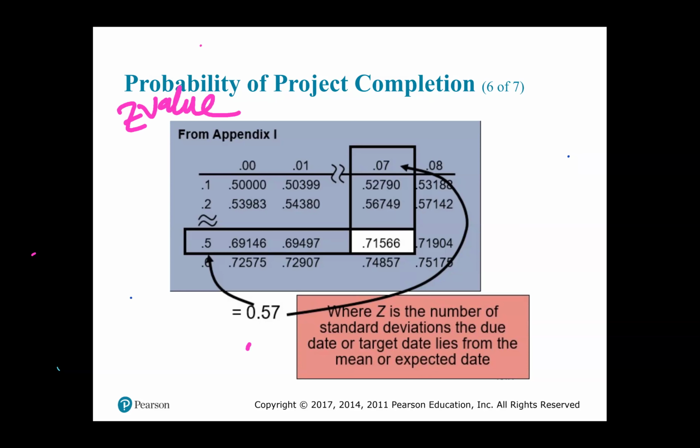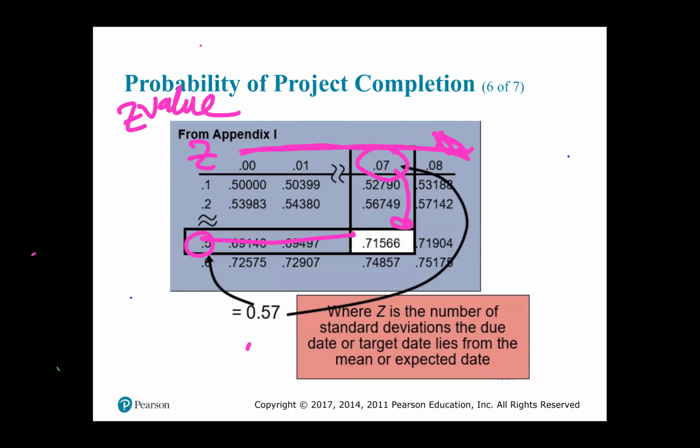When you go to your Z value table, you look on the left, you see a column that says Z. You pick out the tenths part, so this would be the 0.5, and you look along the top of the table, I just made that arrow going from left to right, for the remainder, the hundredths, and that would be 0.07. Come down to where they intersect.